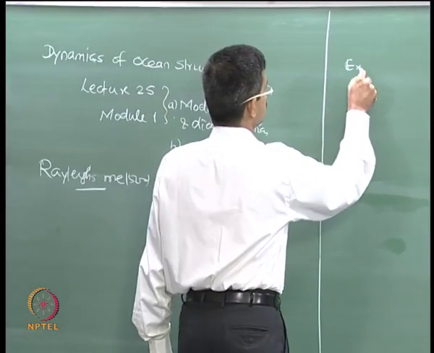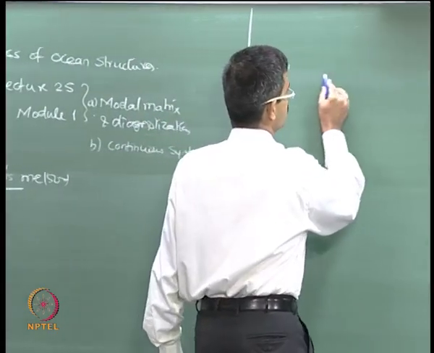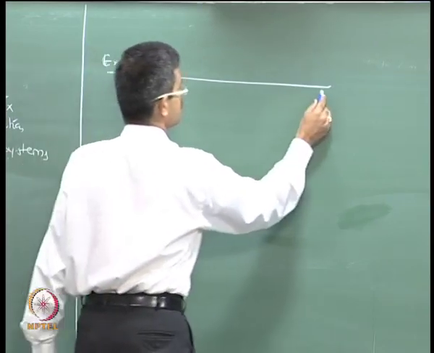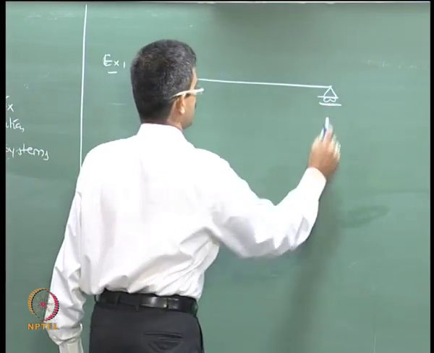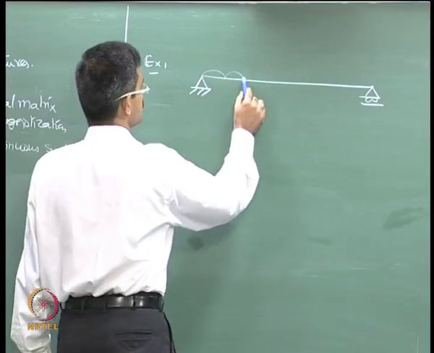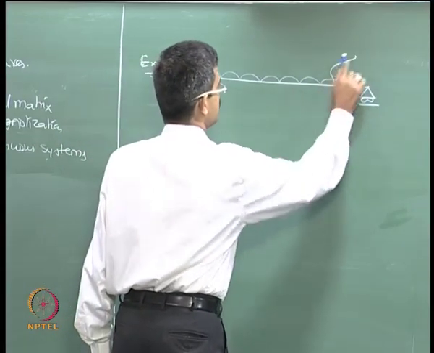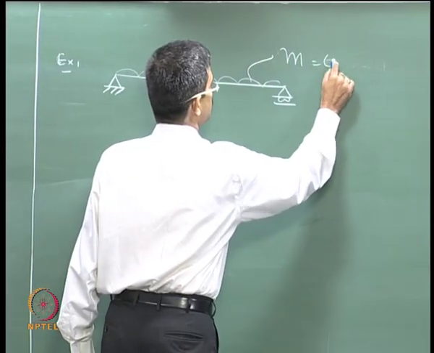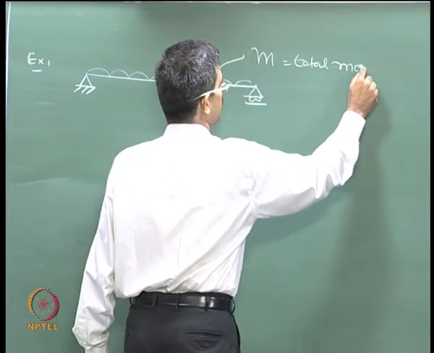Let us say I have a continuous beam which is simply supported at the ends. Of course, the self weight of the beam is given as m, which is the total mass of the beam.